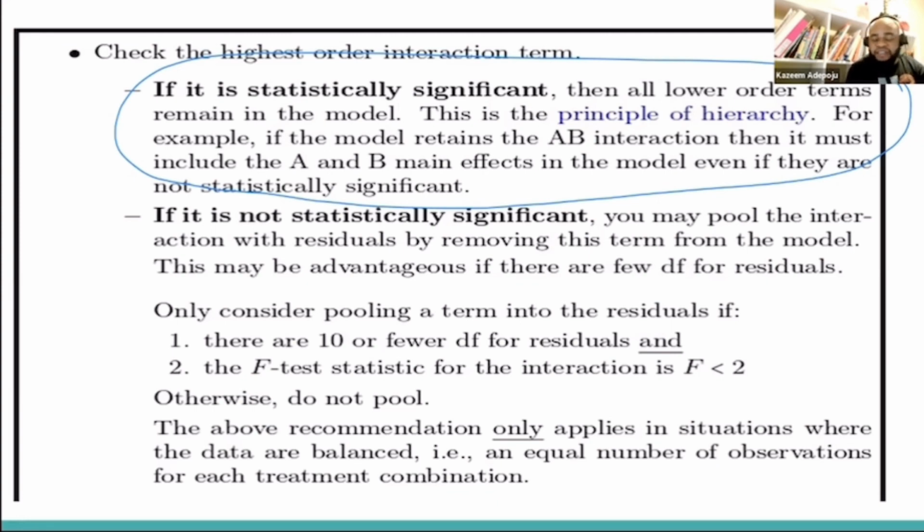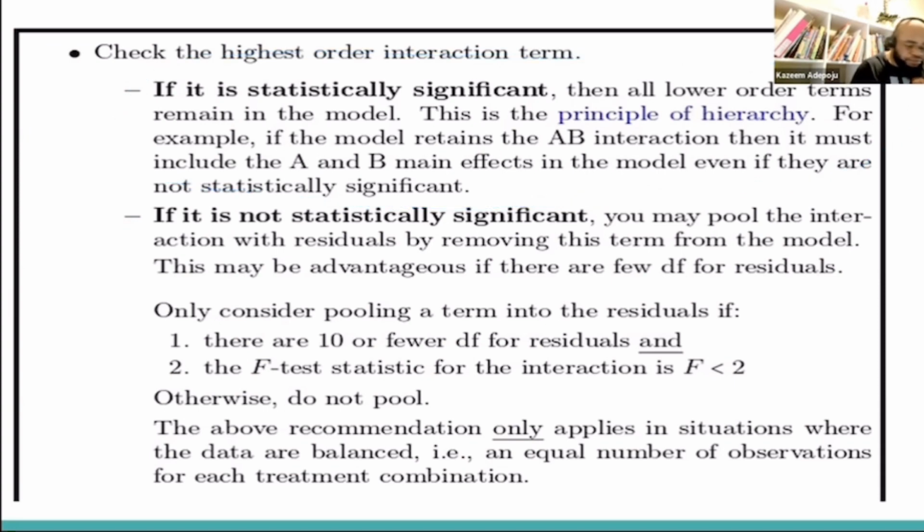We said if that interaction term is significant, then even though the effect of A separately and the effect of B separately are not significant, the effects of A and B have to be tolerated in our model. That's exactly what I mean.